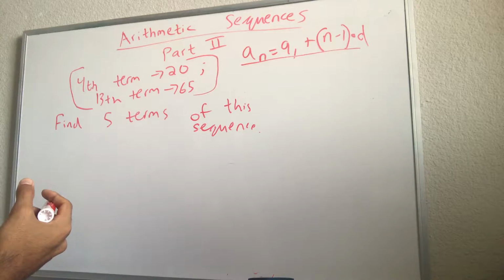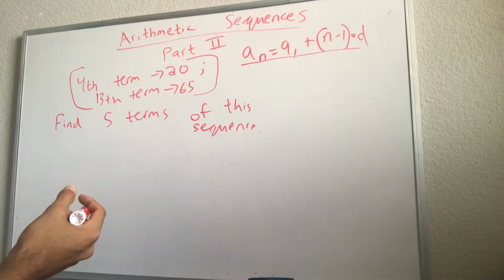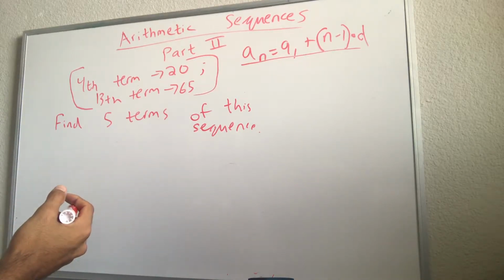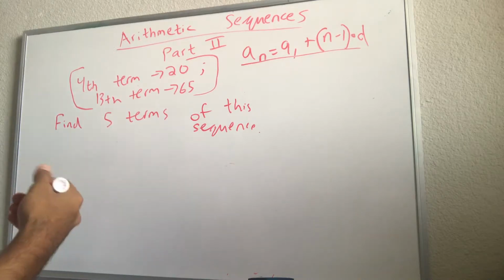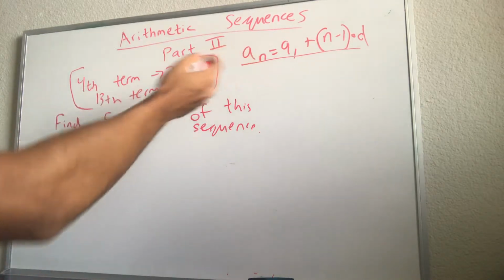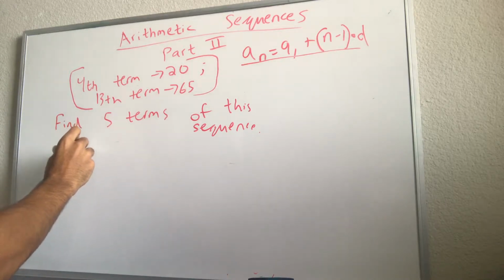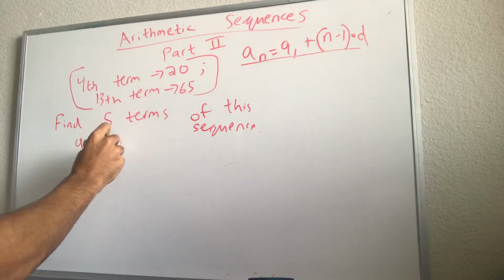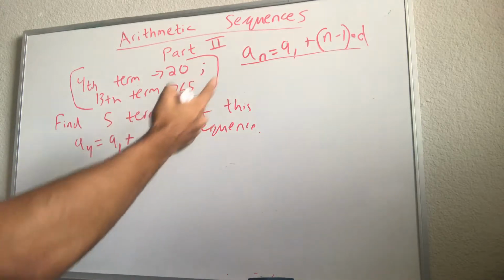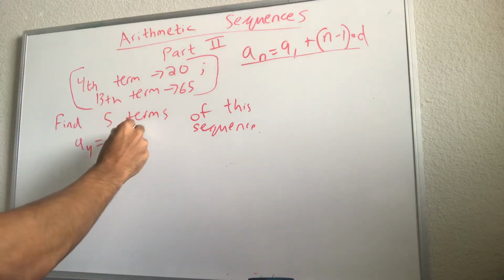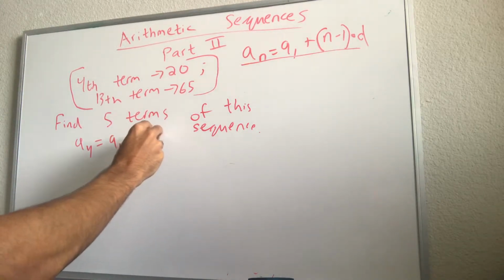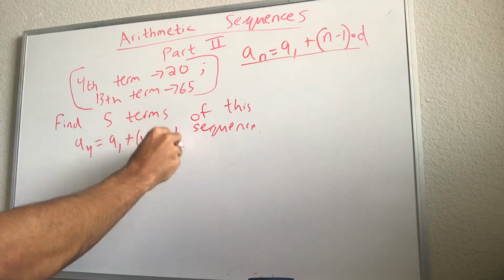So now we want to find the first 5 terms of this sequence. So the first step is really to plug in what you know, because you know an. So you know the fourth term. So you would say that a4 is equal to a1 plus, and you know here that n in this case would be 4. So you would do 4 minus 1 times d.